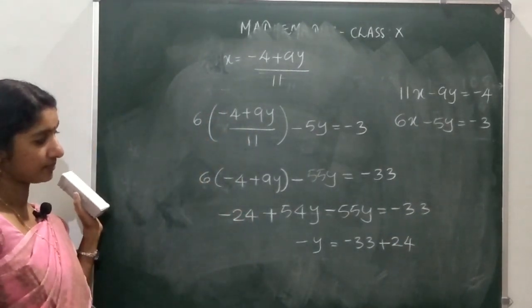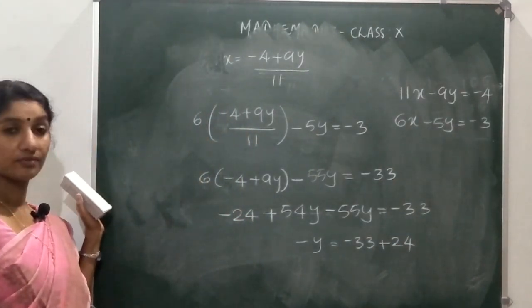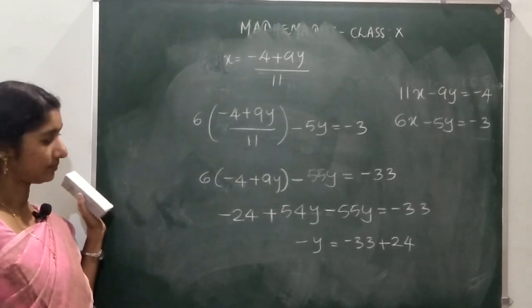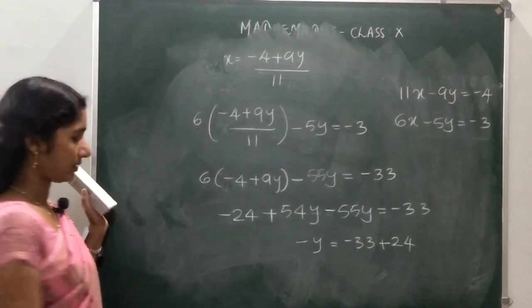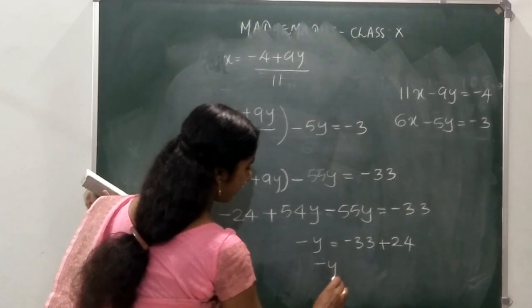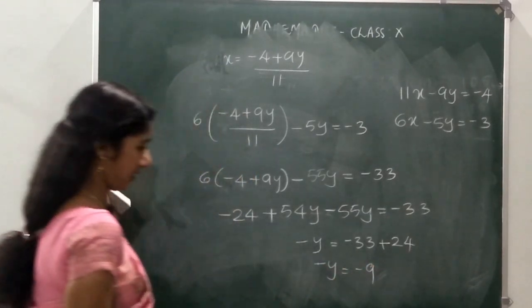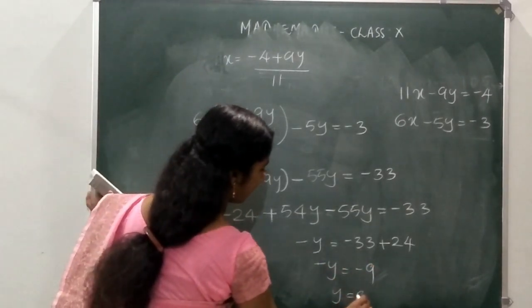Which number is 33? 9. So, we are getting minus y is equal to minus 9. Therefore, y equal to 9.